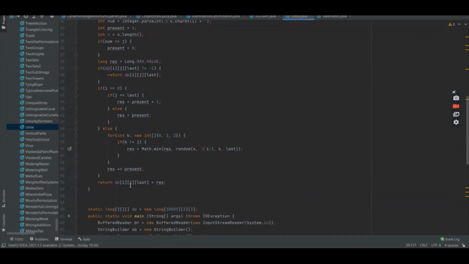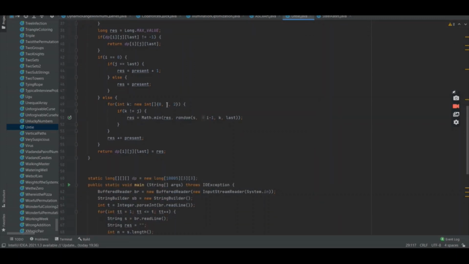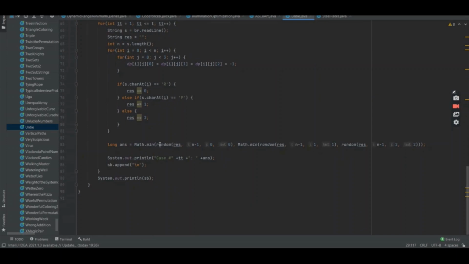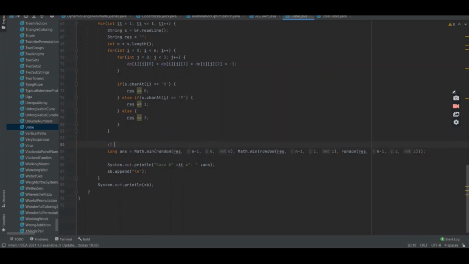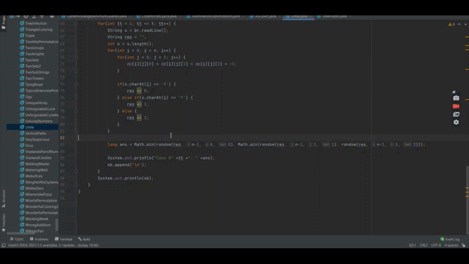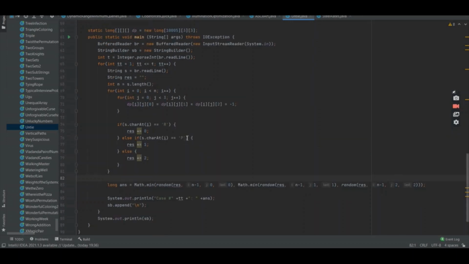I traversed over 0, 1, 2. When k is not equal to j, we just take math.min of our answer, store the dp and return the answer. And at the end we calculate the minimum of dp at the nth position when it stores R, P or S, whichever is the minimum, and return that as the answer.